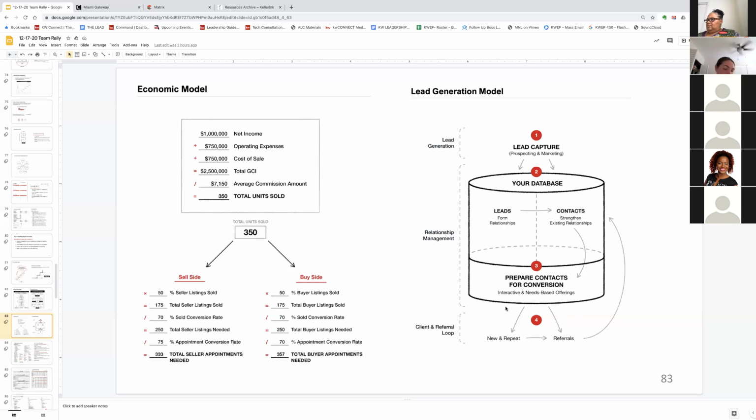Once we convert, they are either new or they're a referral. And once they're new, we then get a referral, which then moves them into contacts, which is a met because we have a referral and now we then create a conversion and turn them into a past client.